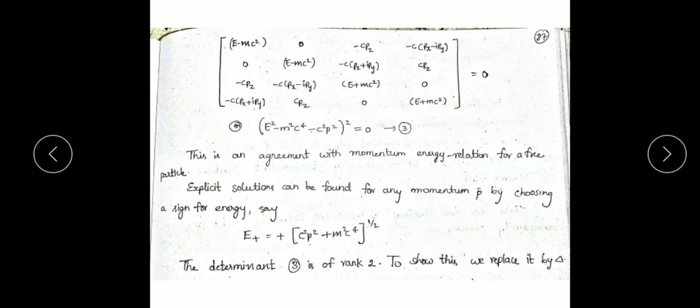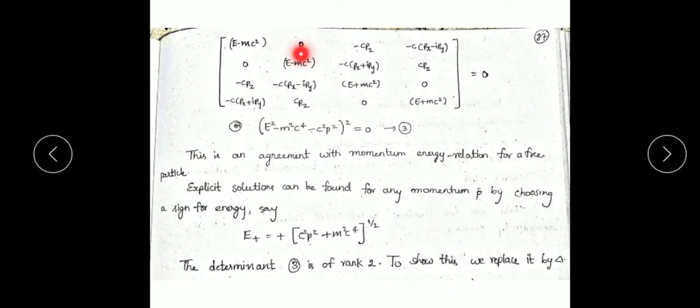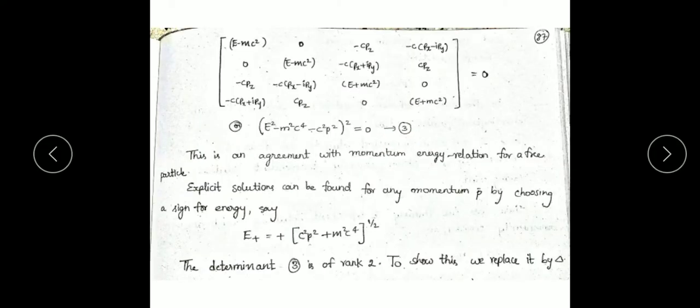In a similar manner, if we take the coefficients and write them in matrix form, you would have this. Here (E − mc²), 0, −c pz, −c(px − i py), just as discussed in this equation. Next, the coefficient of u1 is 0, you can see here 0, and u2's coefficient is (E − mc²), here also (E − mc²), and u3's coefficient is −c(px + i py), and the fourth coefficient is c pz.